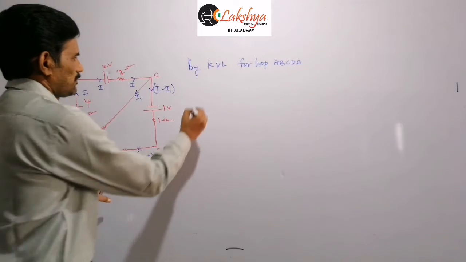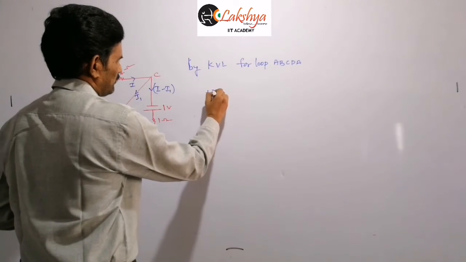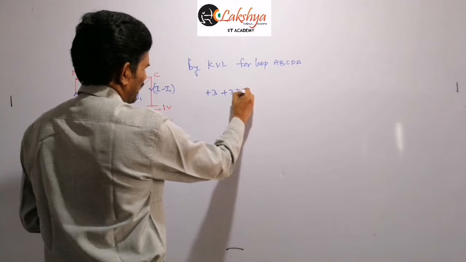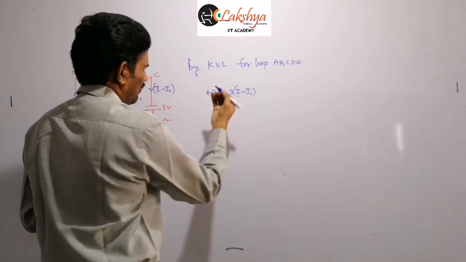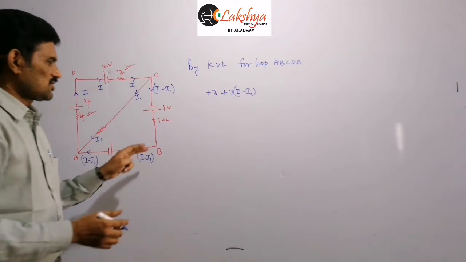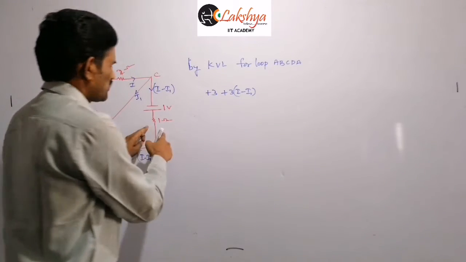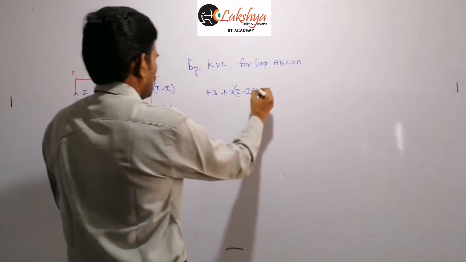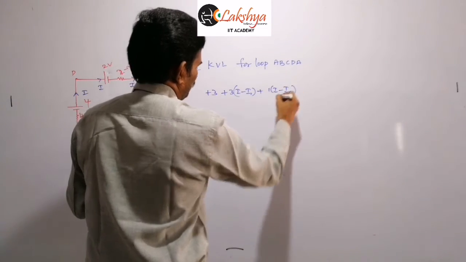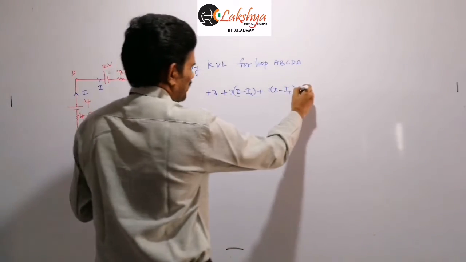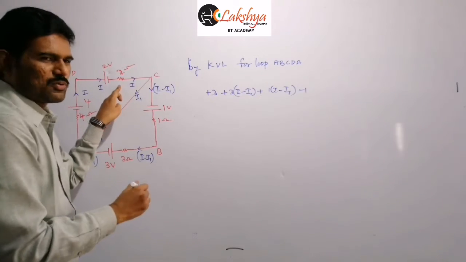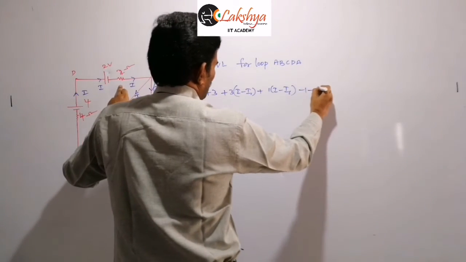So it is plus 3 and then plus 3 into I minus I1. Now you can solve yourself, because you know the application of the Kirchhoff law, and here also we are traveling opposite to the current. So it is plus 1 into I minus I1, and this is minus 1, and next here also we are traveling opposite to the current.